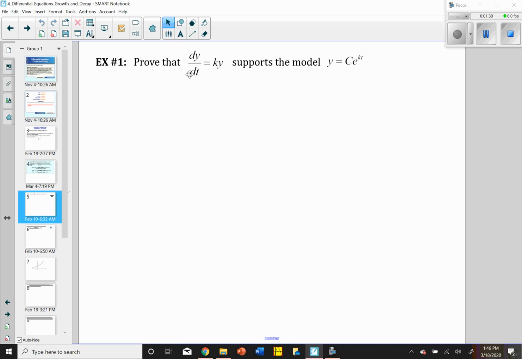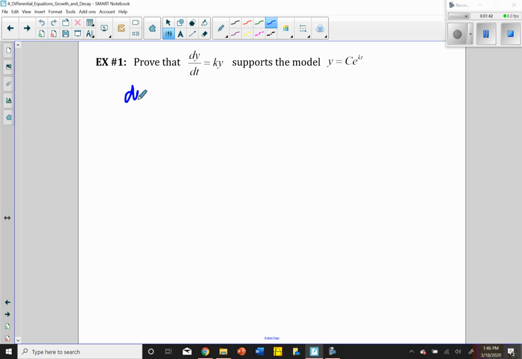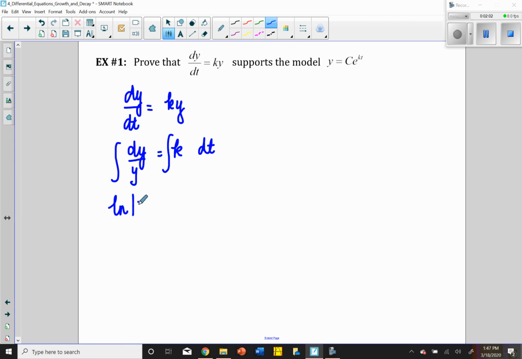y changes at a rate, dy/dt, that is proportional to the amount that's present. So dy/dt, just like our last lesson, we discovered separation of variables was a great technique for solving a general solution. By separating the dy and the y together and the k with the dt together, integrating both sides, we have the natural log of y equals kt plus a constant.